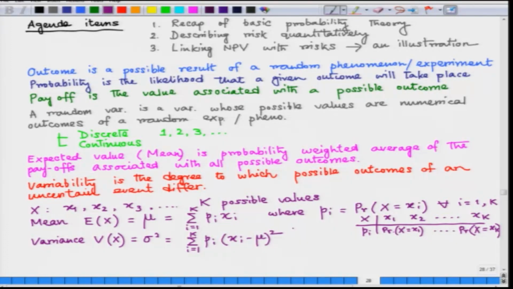That would be the variable for which we are taking the weighted average.